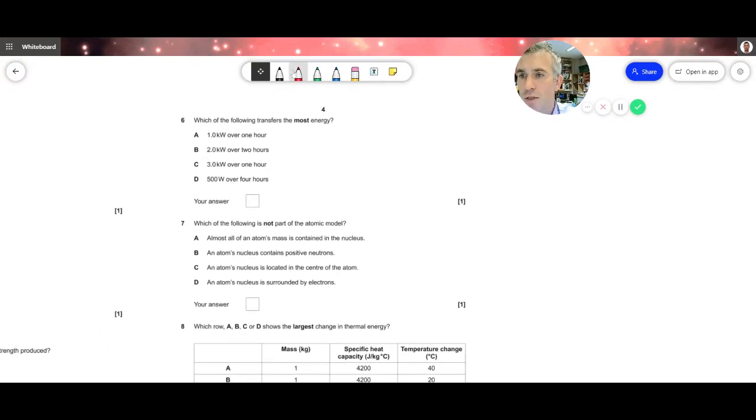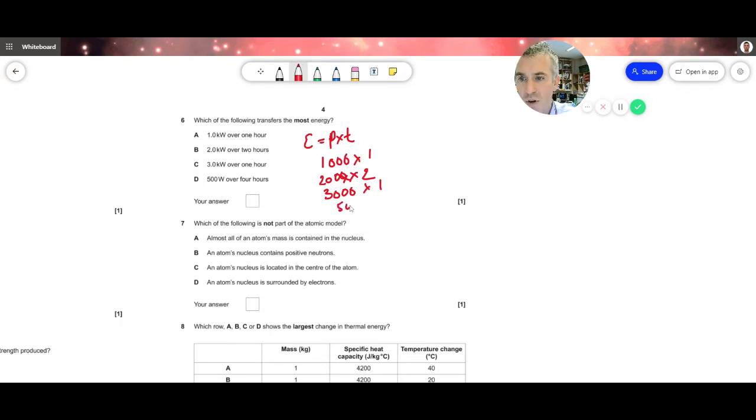Which of the following transfers the most energy? Energy is equal to power times time. So the first one is 1,000 times 1. The second one is 2,000 times 2. The third one is 3,000 times 1.